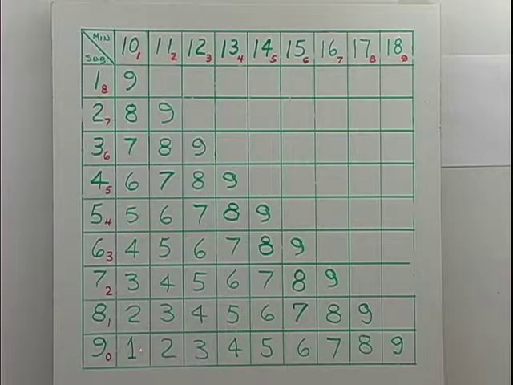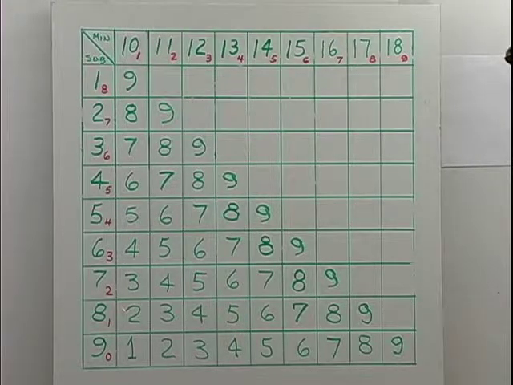The only place that 1 appears is this square right here. 10 minus 9. 1 and 0 is 1. 10 minus 8. 1 and 1 is 2. 11 minus 9 is 2, and 0 is 2.